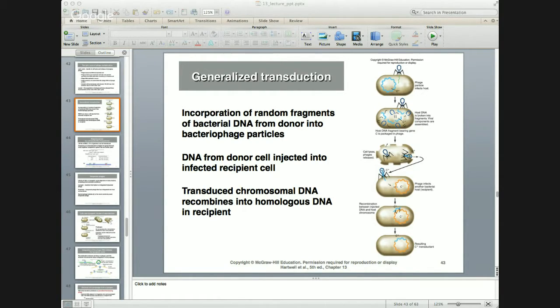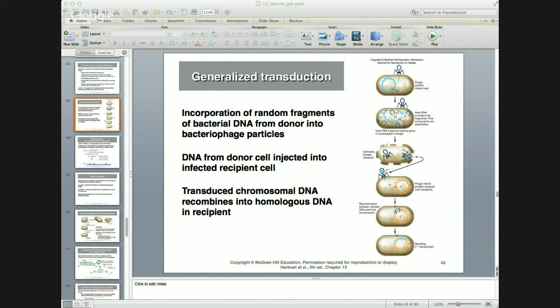So here we have a phage infecting a bacterium that causes the bacterium to produce additional phage components, the head and the other components of the phage particle. But it also results in digestion of the bacterial chromosome, the donor chromosome. When the new phage particles are being reassembled, some of the donor chromosome gets incorporated into the new phage particle.